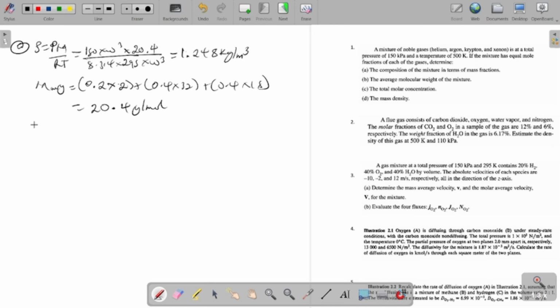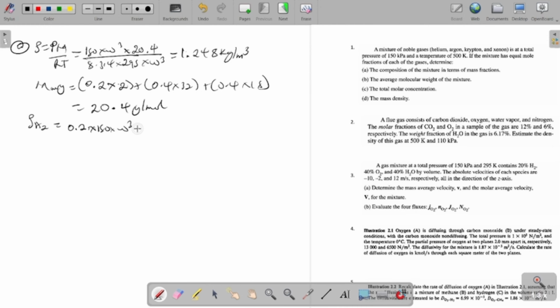So you have this one as the total mass concentration. That means you have to find the individual ones, right? So the mass concentration of hydrogen would be its fraction, which is 0.2. So you are finding the partial pressure. Since the total pressure is 150 times 10 to the power 3, the partial pressure is the fraction times the total pressure.